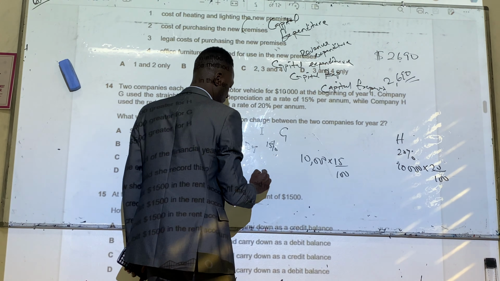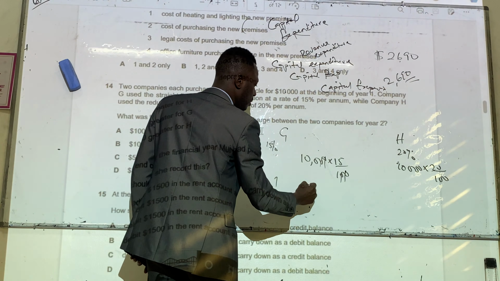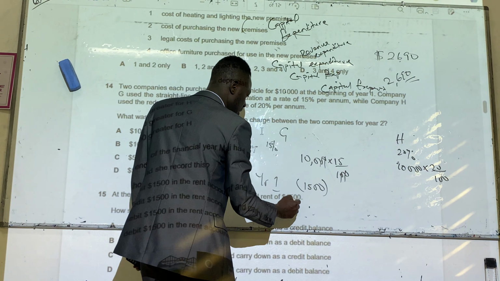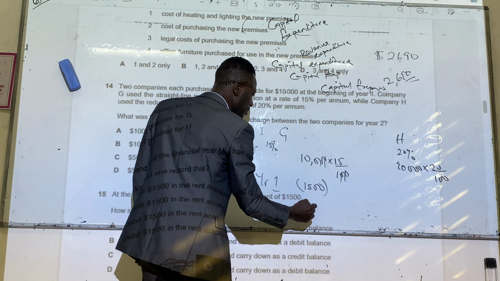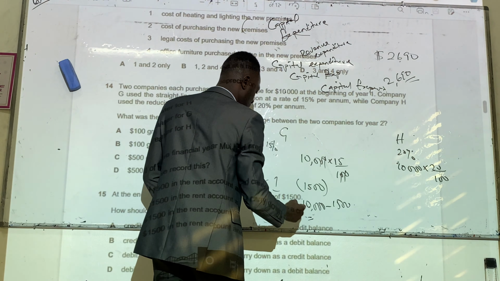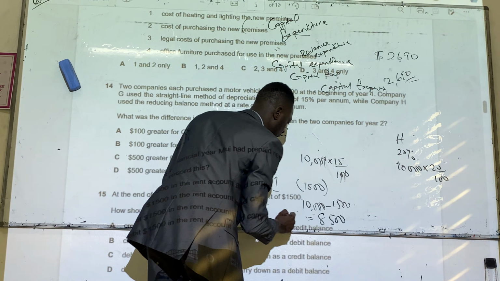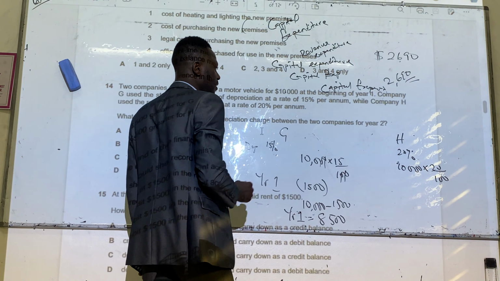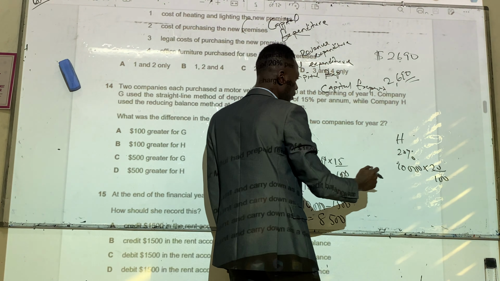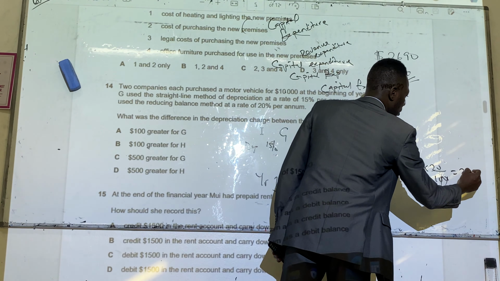So for year 1, for G, that's 1,500. That's the depreciation charged. So that means for year 1 it's going to be 10,000 minus 1,500, which is 8,500. And for H, the depreciation charge is 2,000.